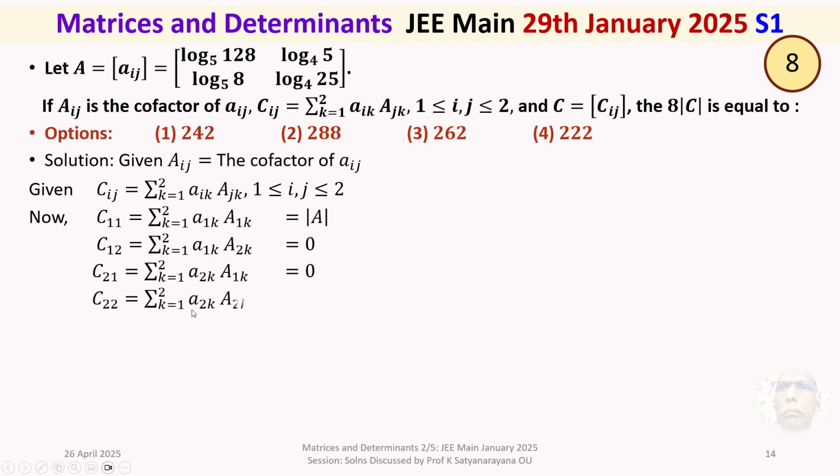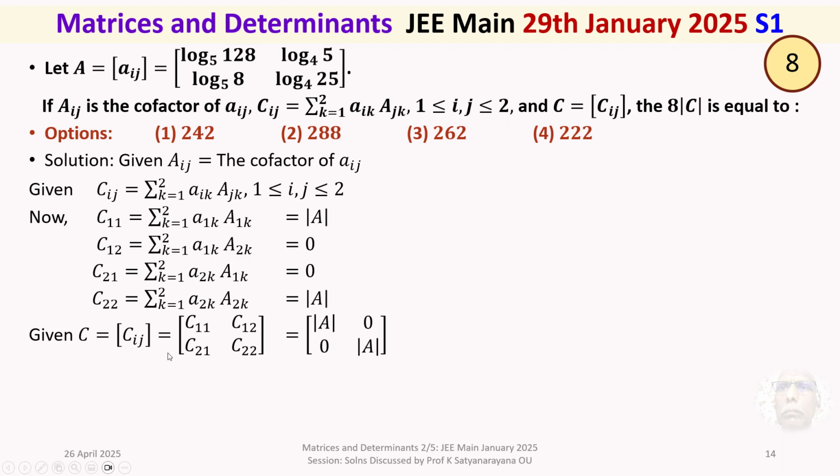C22 is A2k multiplied by its corresponding cofactor capital A2k, which is the determinant of A. Now write down capital C. It is the 2 by 2 matrix C11, C12, C21, C22. C11 and C22 are each equal to determinant of A, the remaining 2 are 0. So, determinant of A, 0, 0, determinant of A.